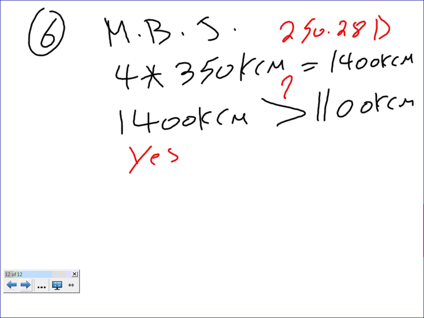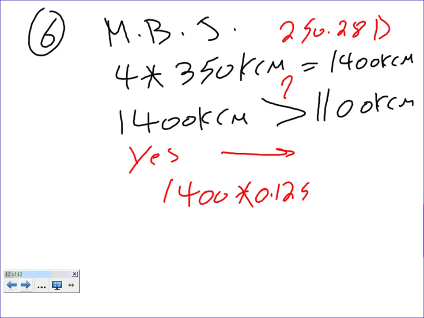Do the following: take the 1400 and multiply it by 12 and a half percent, 0.125. The code says if it's a main bonding jumper and your service conductors are more than 1100 kcmil copper, then you take 12.5% of the size of the service entrance conductors, all of them. Spencer, makes sense?